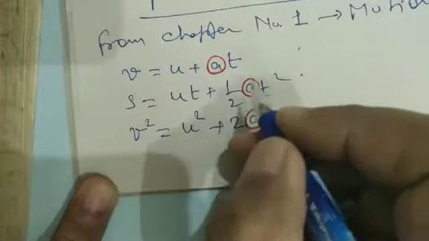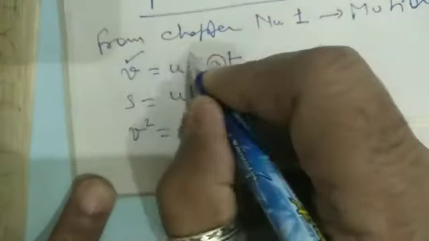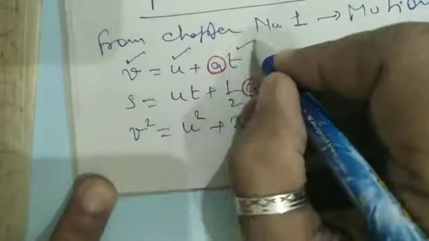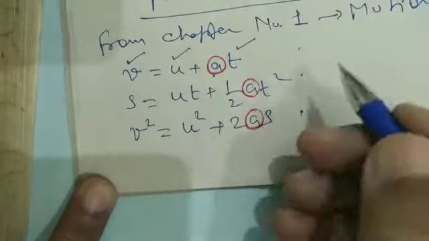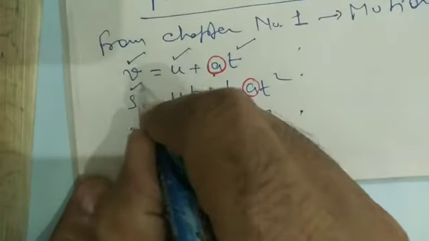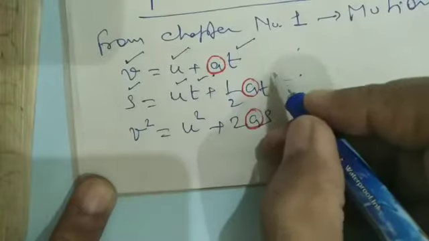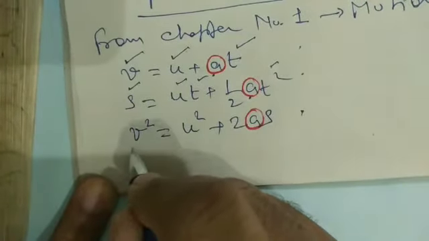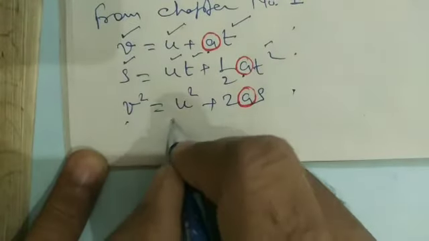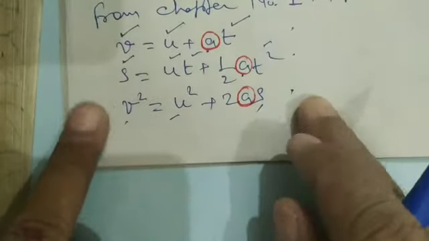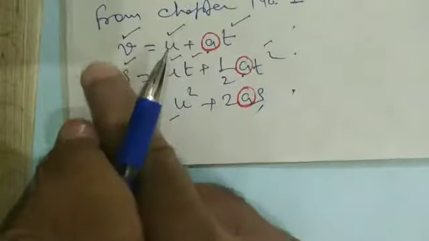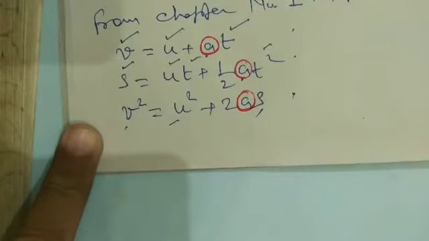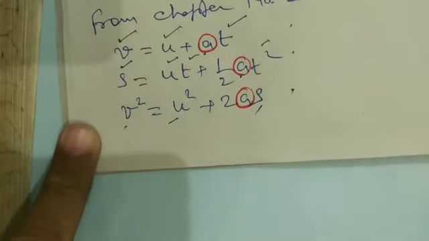In those questions, definitely you will have V, U, T, then you can find A, or you may have S, U, T, then you can calculate here A, and the last one V, U and S. So question to question you have to select these equations.